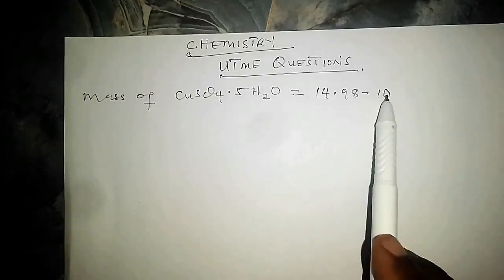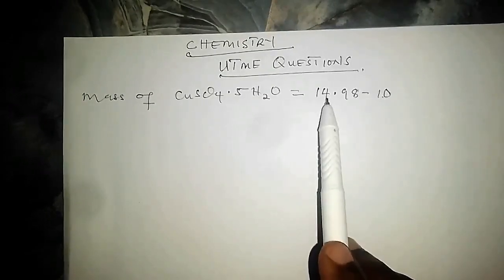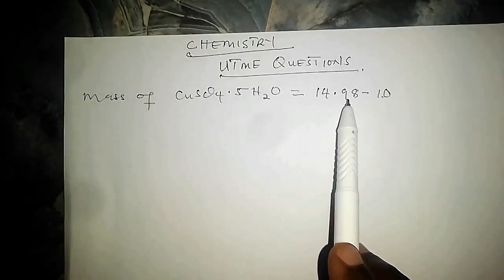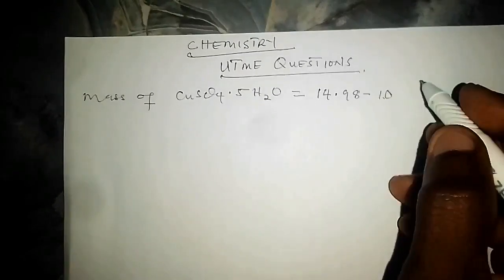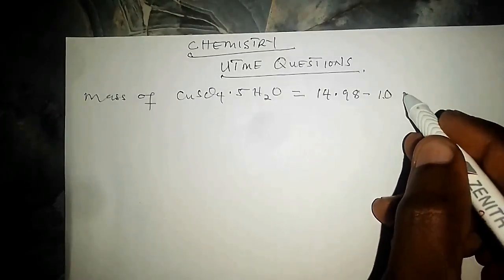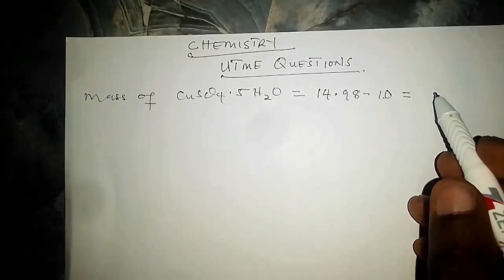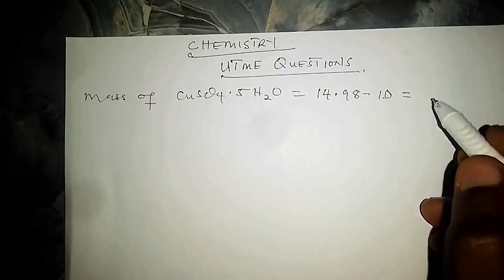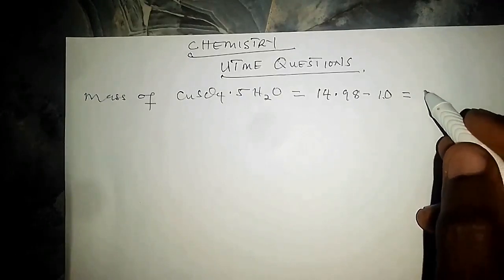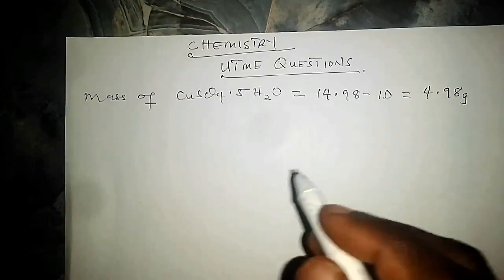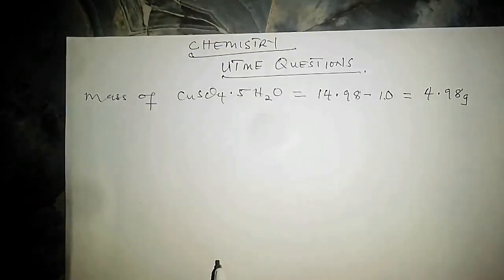The mass of crucible is 10 grams, while the mass with copper(II) sulfate pentahydrate is 14.98. So to get the exact mass, you subtract the mass of the crucible from the mass of crucible plus copper(II) sulfate pentahydrate, which will give you 4.98 grams.